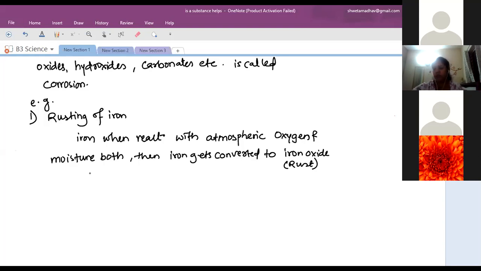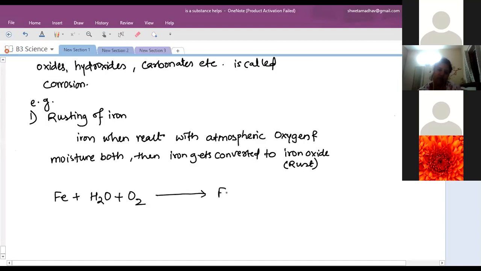Okay, now here is the equation for this: iron reacts with moisture and oxygen both. This is not balanced, and forms Fe2O3.xH2O. That means any number of molecules of water. It doesn't have any fixed number of water molecules, so it will be xH2O.